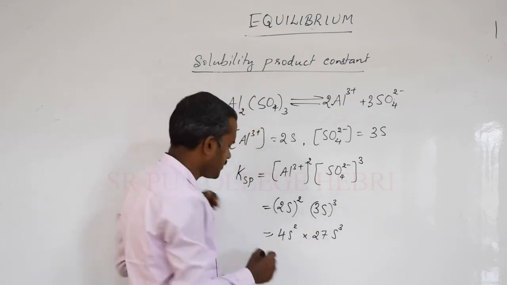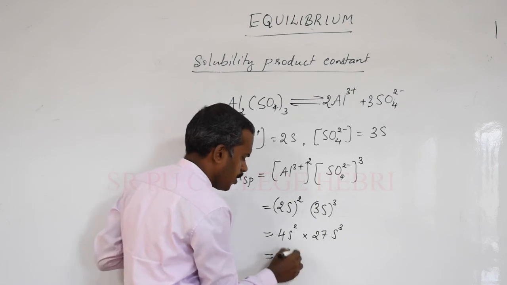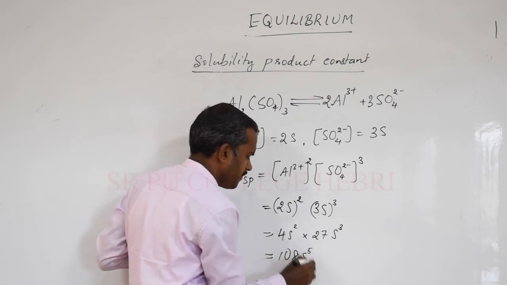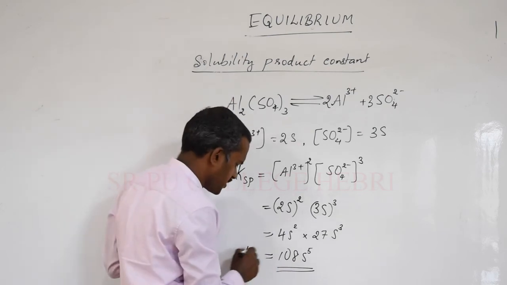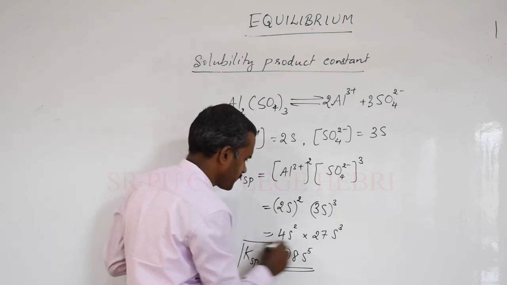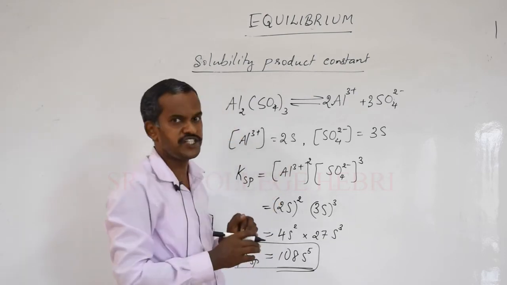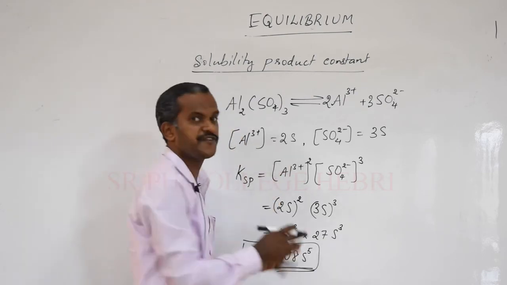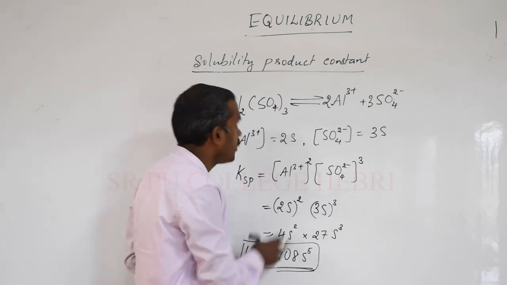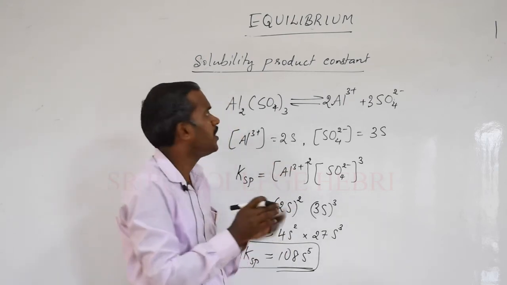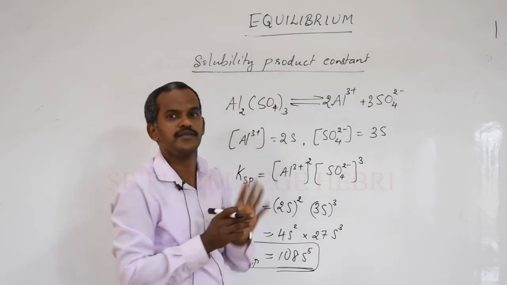Okay, on further simplification it will become 108 s to the power 5. Now this is the expression for the solubility product for this particular salt, where s stands for the solubility, which we express in terms of moles per liter. So these are the examples where we understood how to get the solubility product constant.